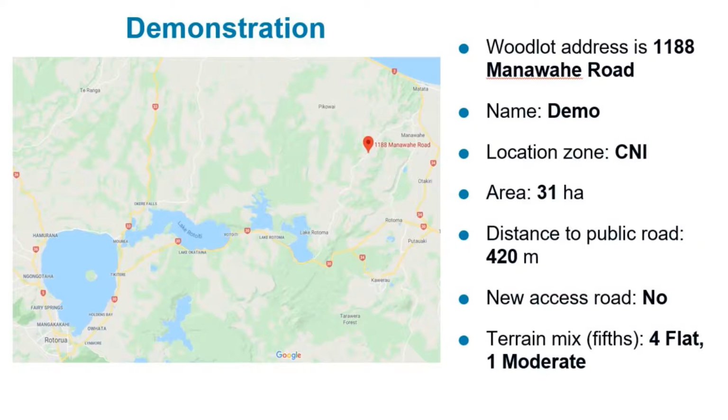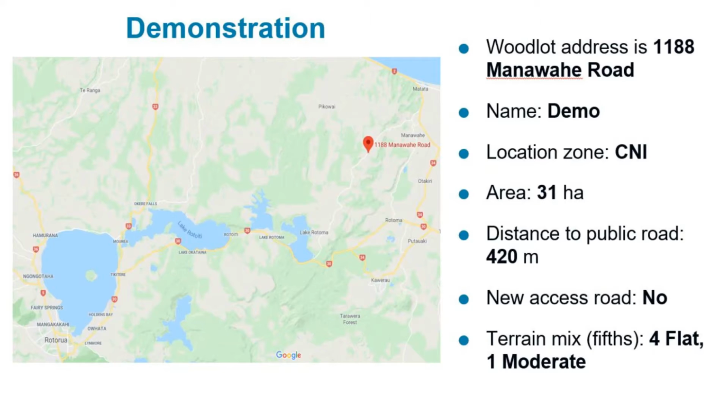Let's step our way through WATS now using a woodlot located in the Bay of Plenty. The address for the woodlot is 1188 Manawahey Road. We're going to call it Demo. It's located in the central North Island.